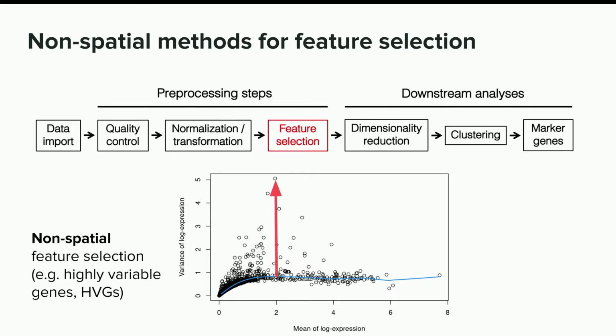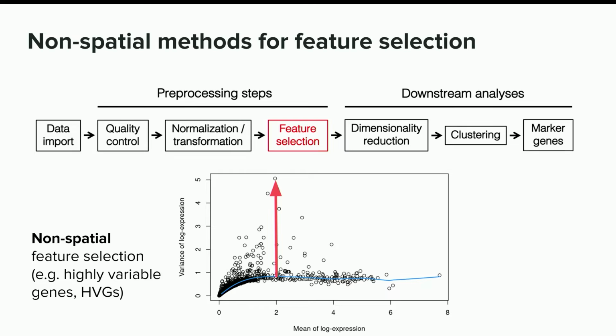This blue line is fit to the mean variance relationship. This is well documented in the field of RNA sequencing. And the idea is to try to find a gene that's far away from this blue line. This blue line is what we expect from sampling. It's not interesting, but that particular gene might contain a lot of biological variation, more variation than what we would expect just under sampling. So that's non-spatial feature selection.